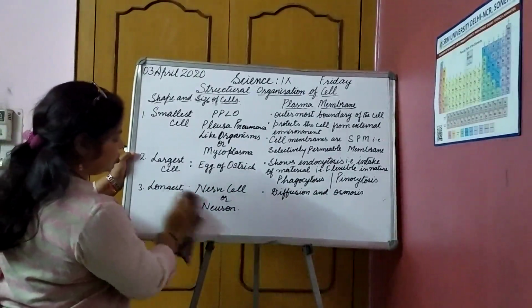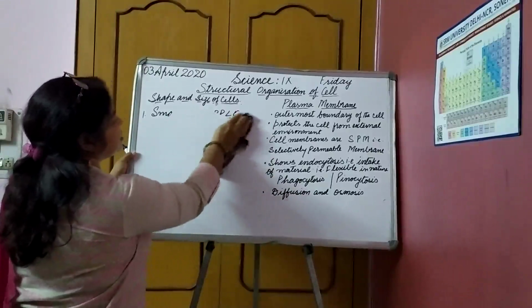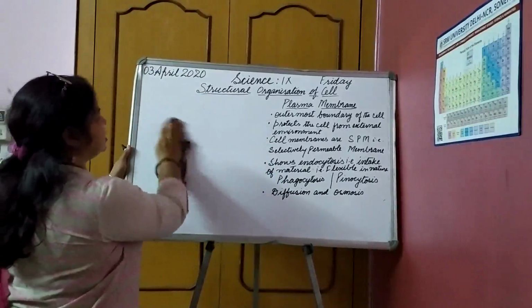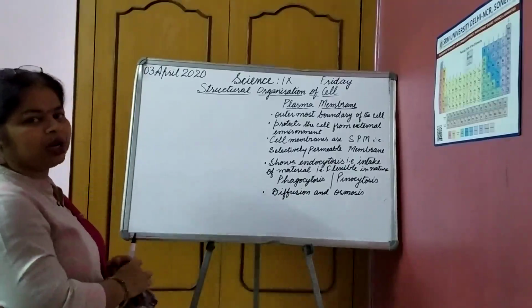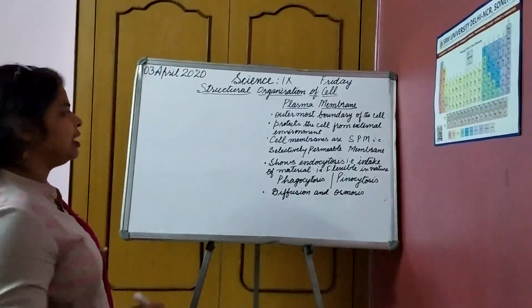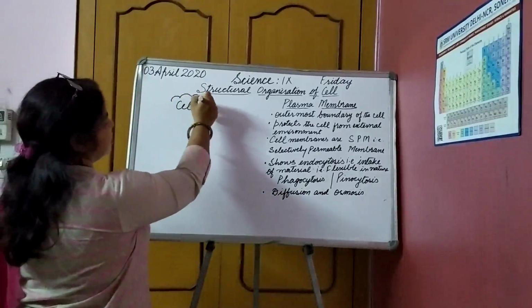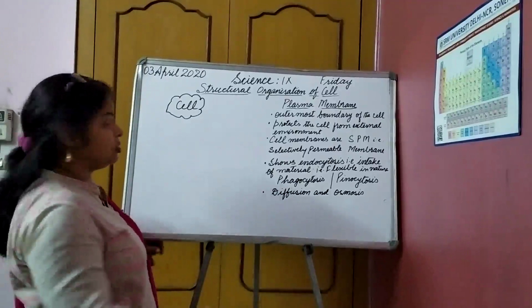Now we will continue with the next concept. What is the structural organization of the cell? The cell is basically made of three structures.